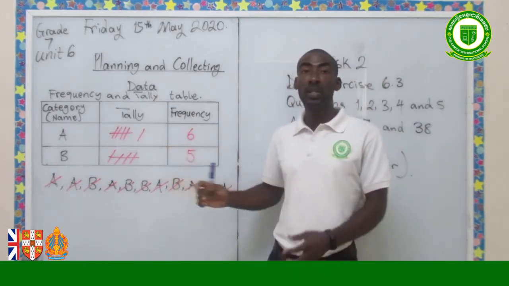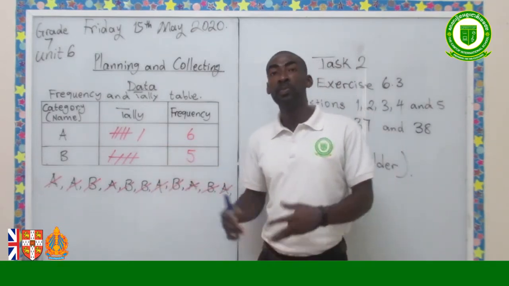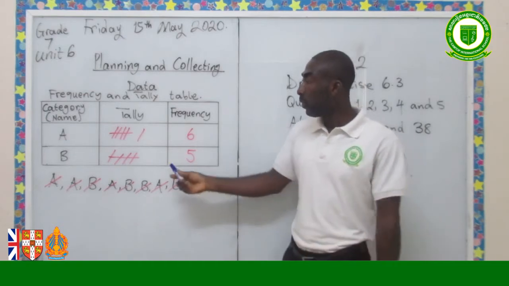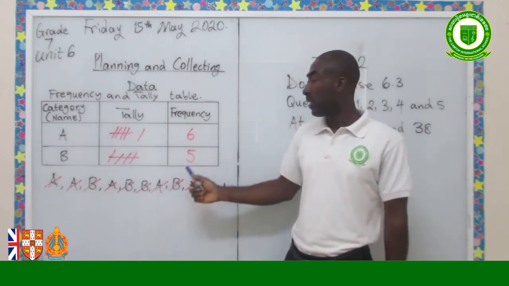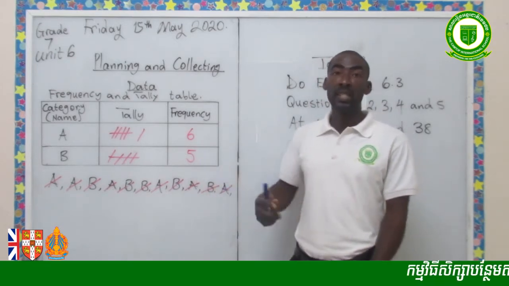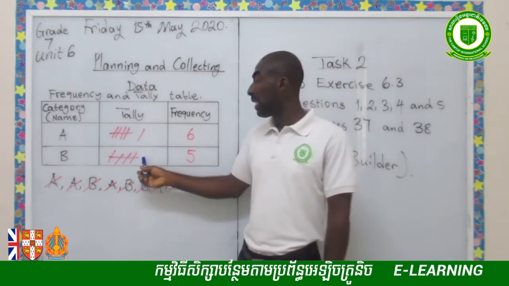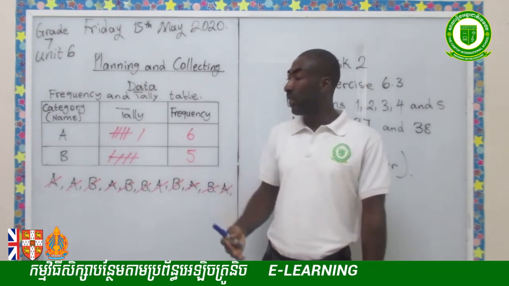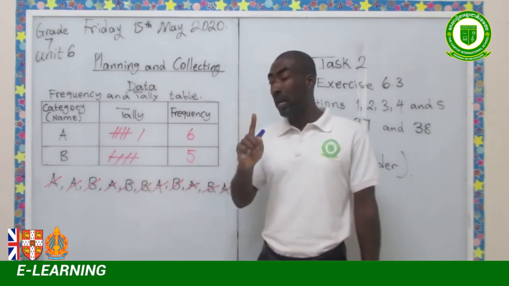So anytime you are doing tally and frequency, your frequency should be equal to the tally as well. We also saw that B appears here 5 times. So on the frequency, it is 5 because it appears here 5 times. And on the tally, we have 5 stripes because each stripe represents 1 count.